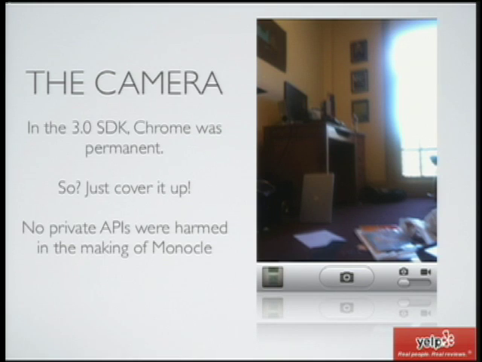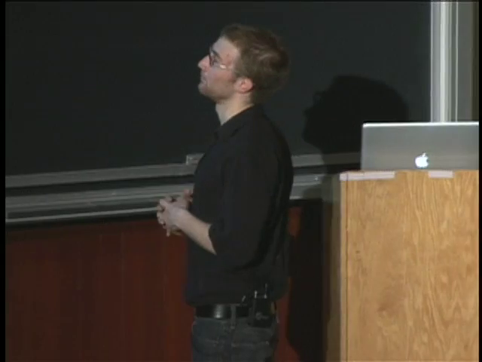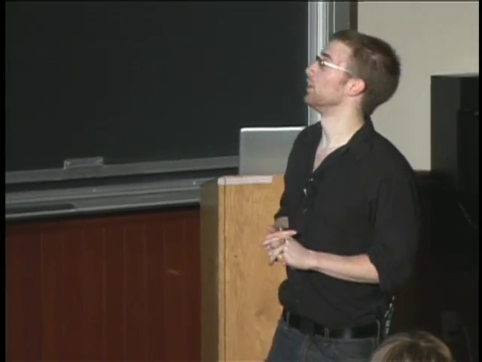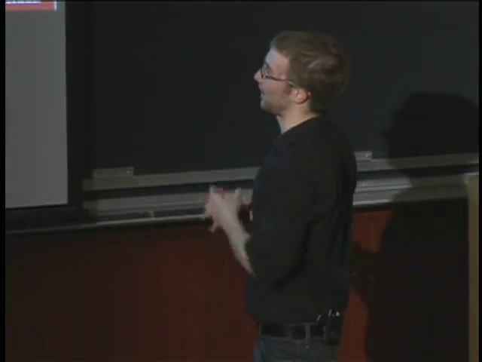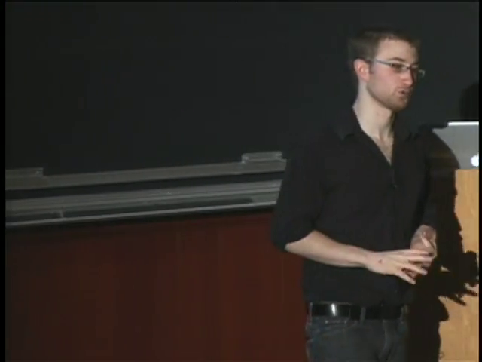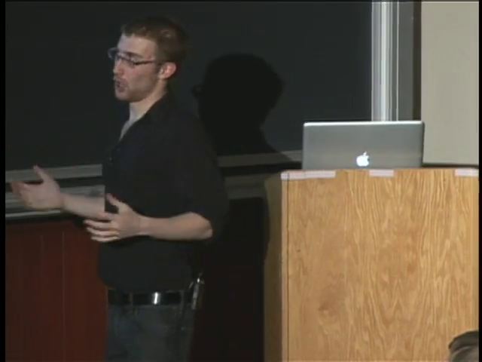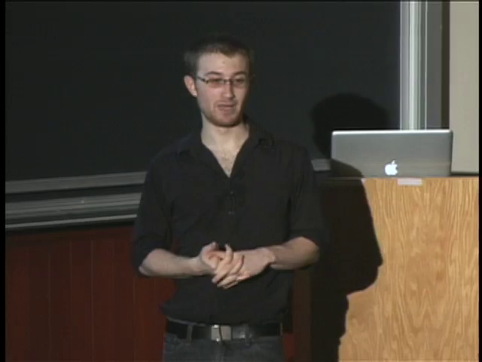And that's not allowed. That'll get you kicked out of the App Store in no time. And so we wanted to actually be in the App Store, so we just covered it up with something that was more useful. So we put a bar on the bottom that said, pick a category, bars, restaurants, and everything. And so in the end, there were no private APIs that were harmed in the making of Monocle.